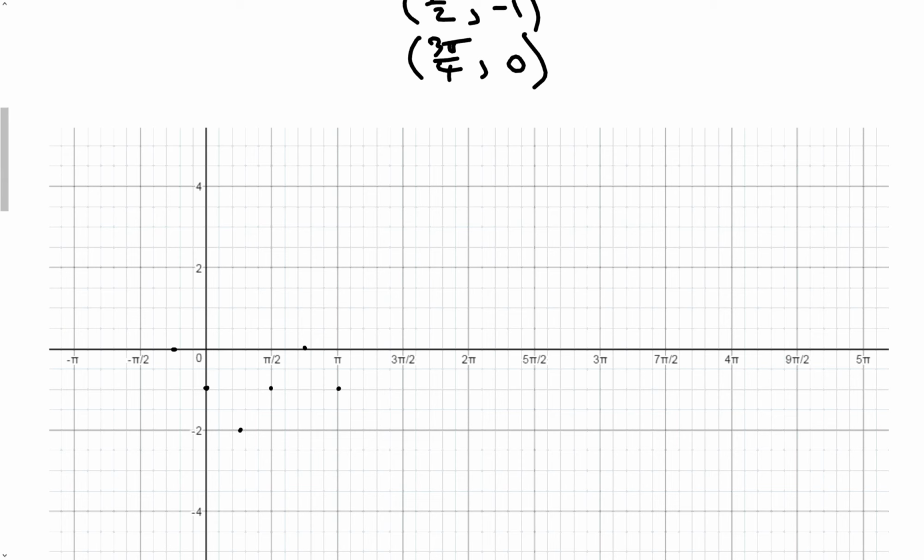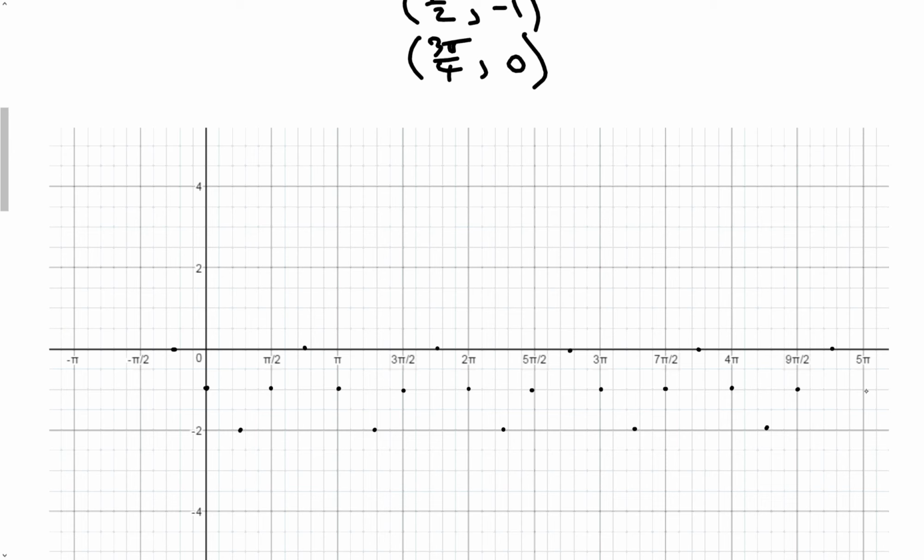And then I could keep this going. There, there, middle, middle, boom. And I could keep this going all the way across the graph here.